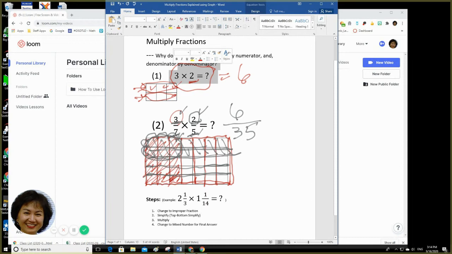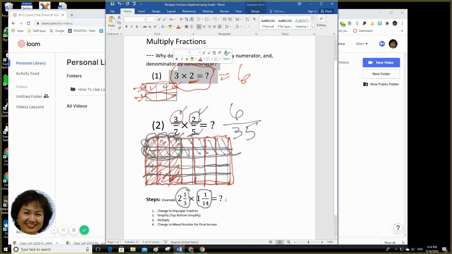See this given example. How do we multiply 2 and 1/3 by 1 and 1/14? Like this: 2 1/3 times 1 1/14.